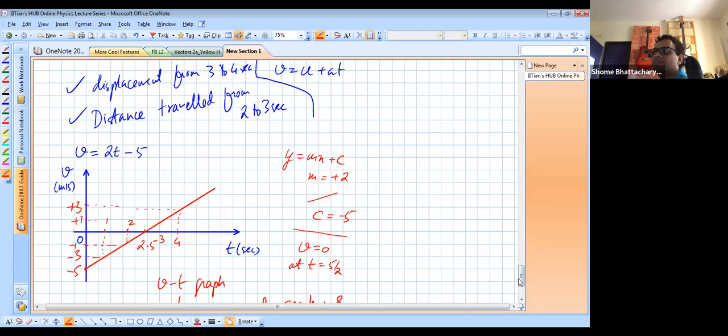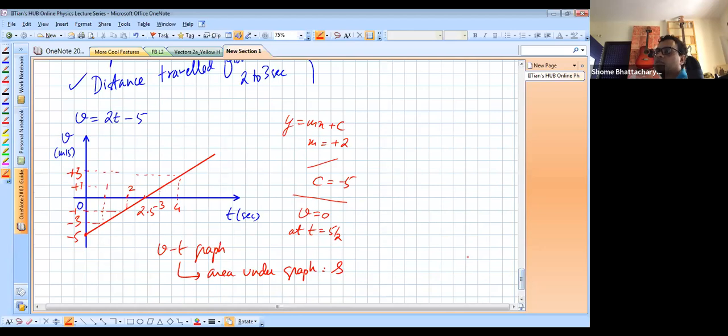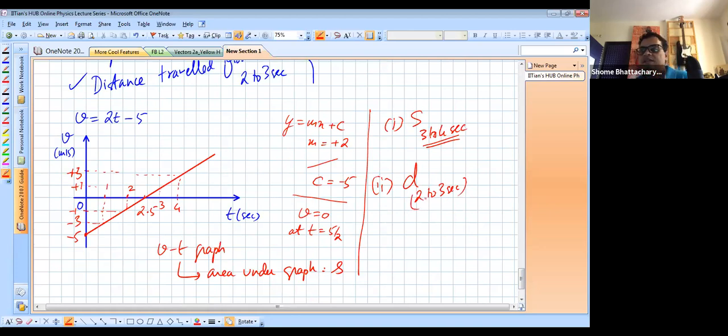I want you to find the distance traveled by the particle from 2 to 3 seconds. Okay? So use this to find the displacement from 3 to 4 seconds. And also use this to find the distance traveled from 2 to 3 seconds. Okay, people. So just try this out, guys. Just note down the graph and try this out.